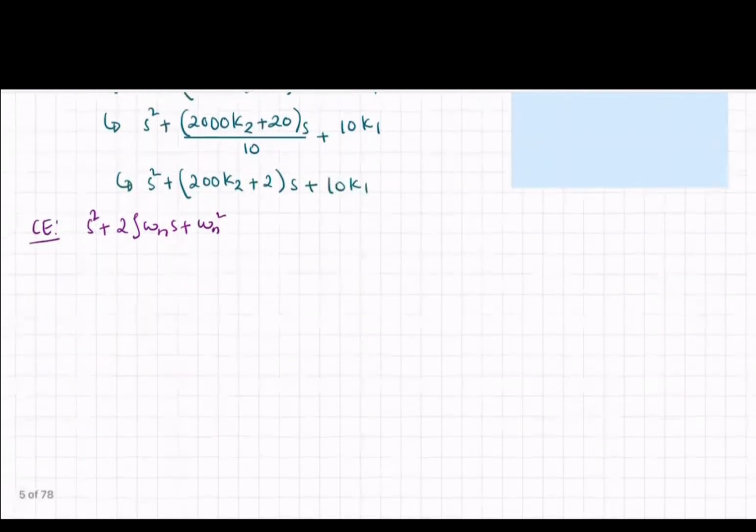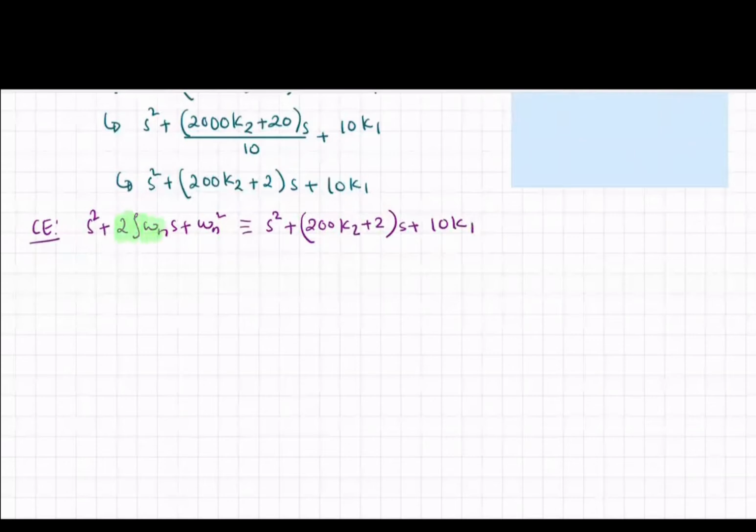And now that I have the equation looking more like the characteristic equation, I can compare them both and get my desired output. So let's compare that with the 200 k2 plus 2 s plus 10 k1, as you can see here. So this term and this are the same, and also omega n squared is equal to this.